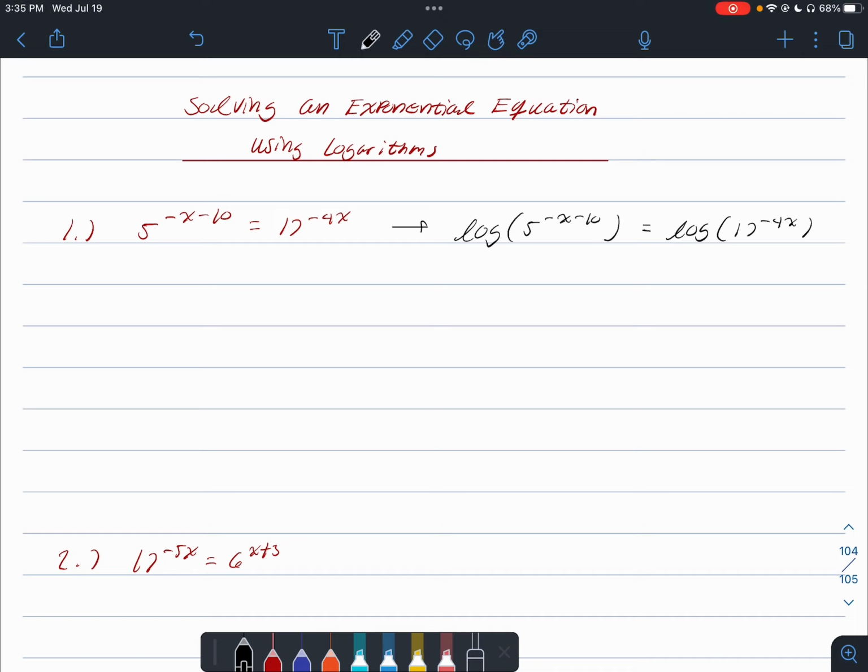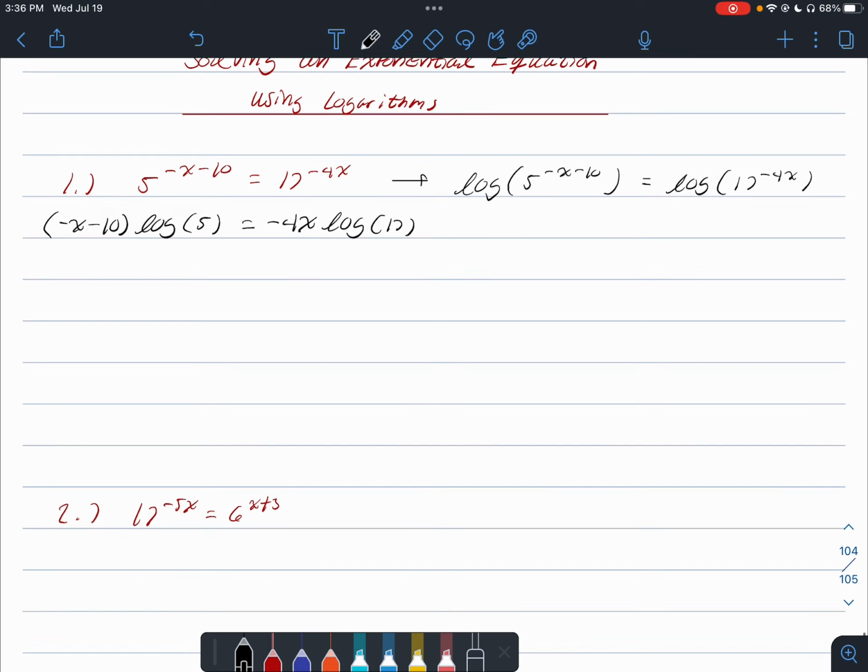So we can rewrite this as negative x minus 10 times log 5, and we can rewrite the other side as negative 4x times log 17.